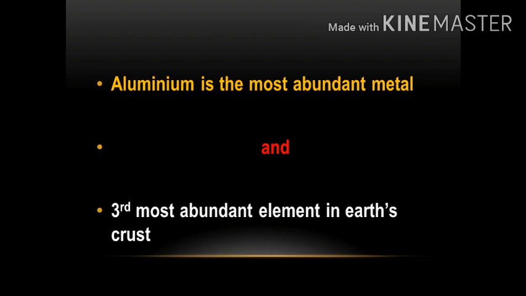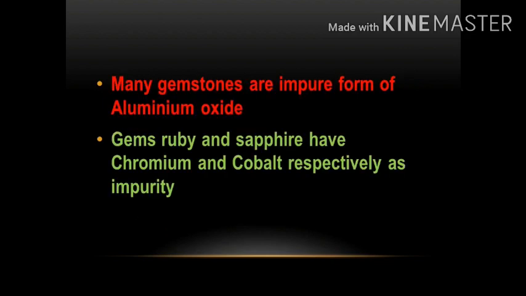Aluminium is the most abundant metal in the earth's crust and the third most abundant element. Many gemstones are impure forms of aluminium oxide. Gems, rubies and sapphire have chromium and cobalt as their impurities.